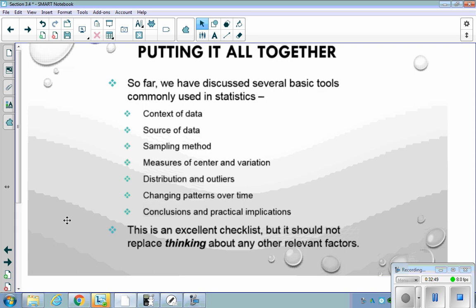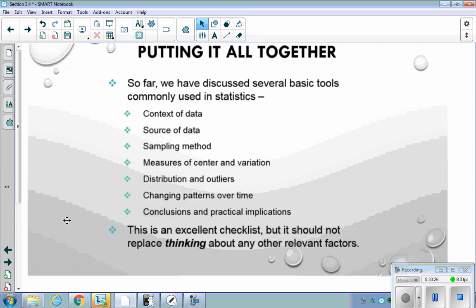Is it coming from the M&M's company selling their M&M's and saying there's more reds than browns? Which there are. What kind of sampling method was used? What are some of our sampling methods? Somebody tell me one. Cluster. Stratified. Systematic. Random. Convenience. Convenience sample is not one I want, right? That's not a good sampling method.